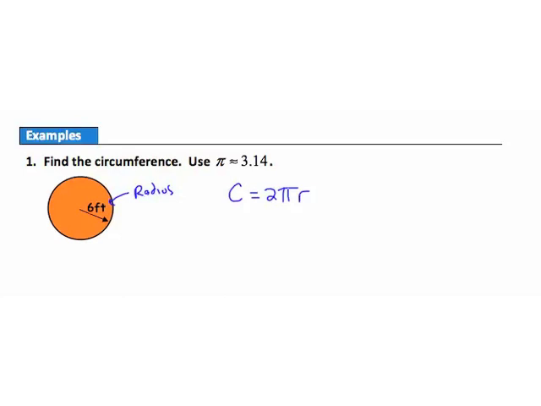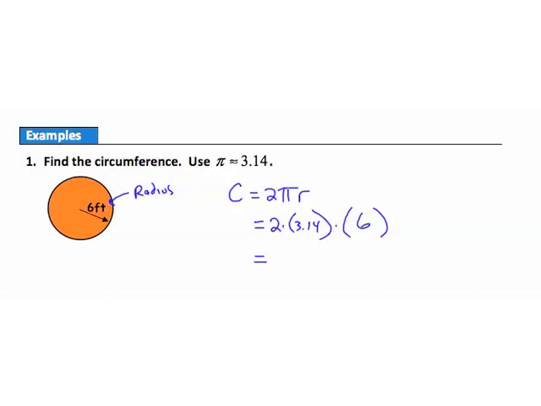Now we're just going to plug this information in. So the circumference equals 2, well, pi is 3.14, that's what we're going to be multiplying there, and then the radius of this circle is 6. So now we just need to multiply this stuff together. Now the order in which we multiply is not going to change the value.